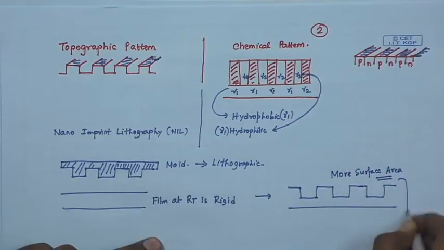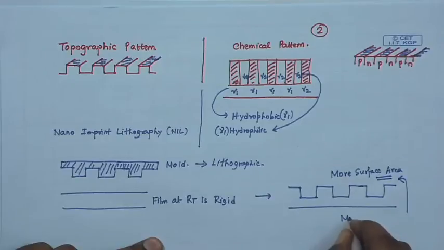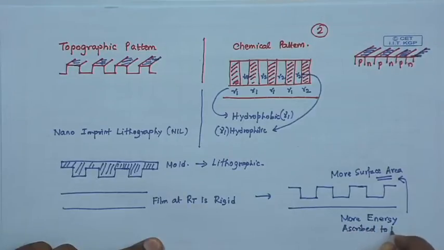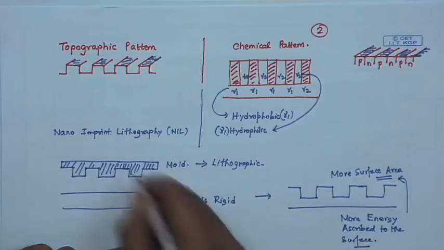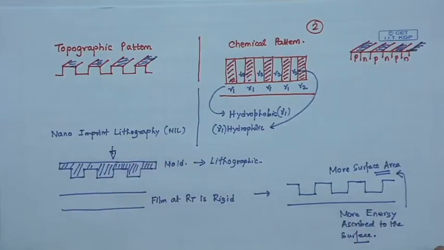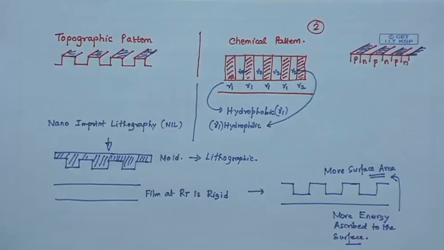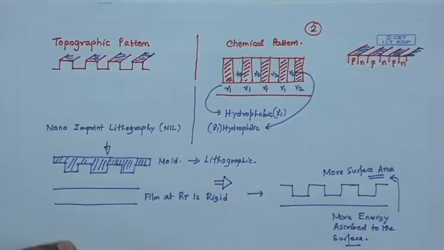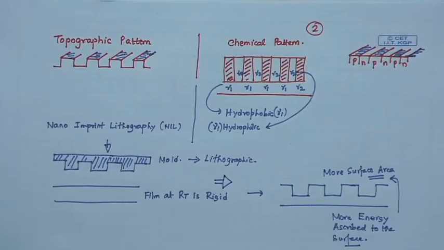And this leads to more energy ascribed to the surface. And yes, you actually needed to apply the external pressure to create this additional surface area. So, this whole process is not something that is in the direction of a natural thermodynamic process. You are applying extra energy to create this negative replica.